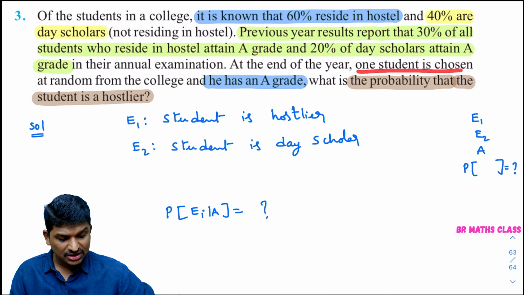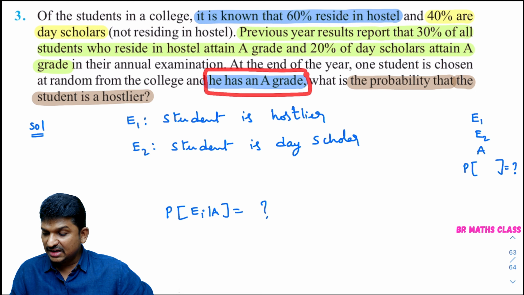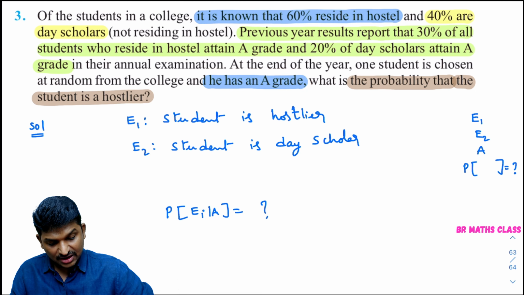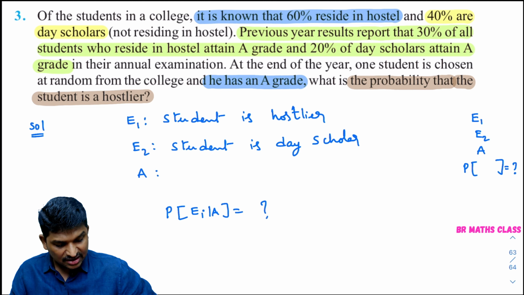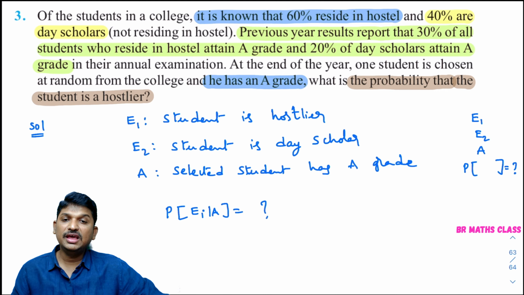You see here, one student is chosen at random and they found that he has grade A. That means here we'll write, a selected student has A grade. I'll write here what is A. A is selected student has A grade.